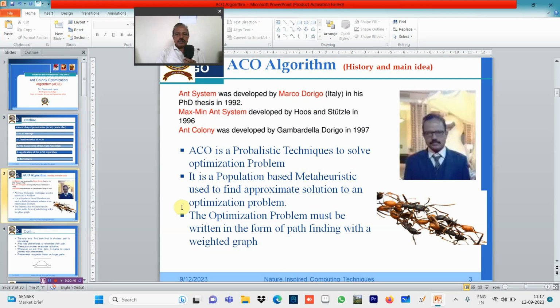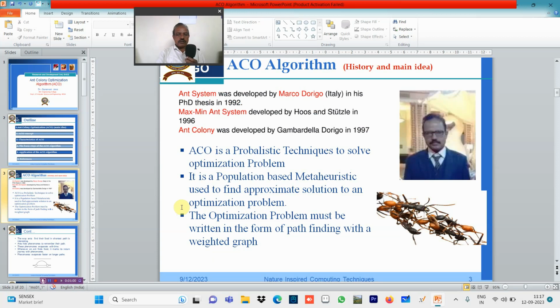While covering the history of the ant colony optimization algorithm, the ant system was originally developed by Marco Dorigo of Italy in the year 1992 in his PhD thesis.